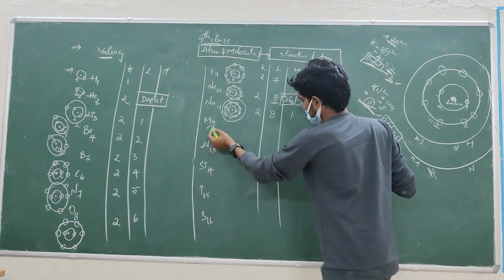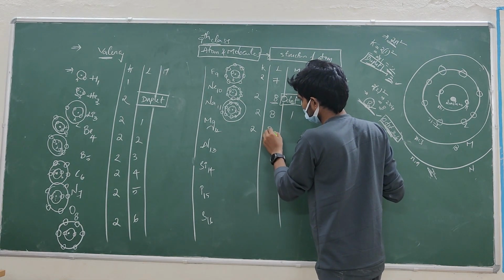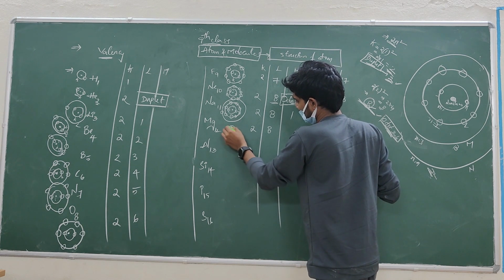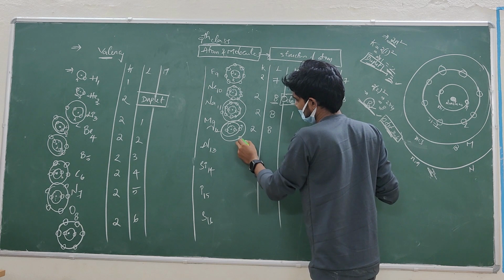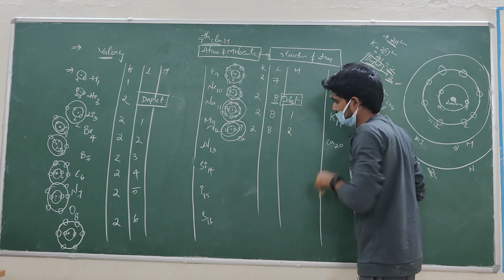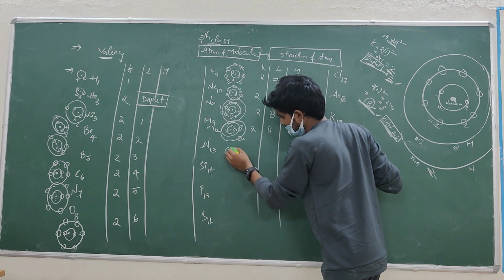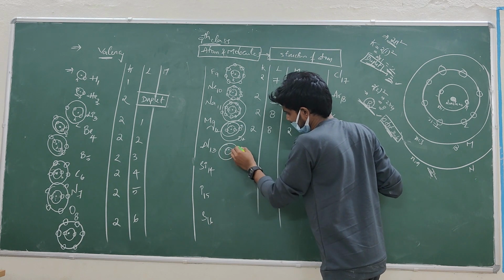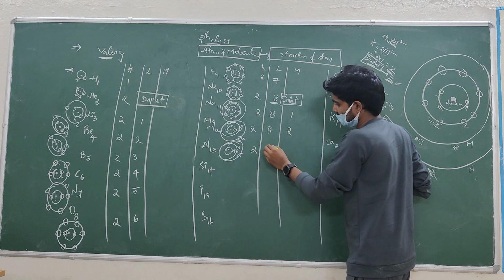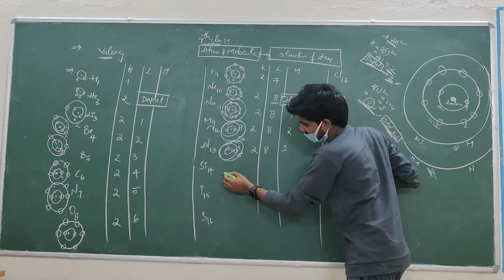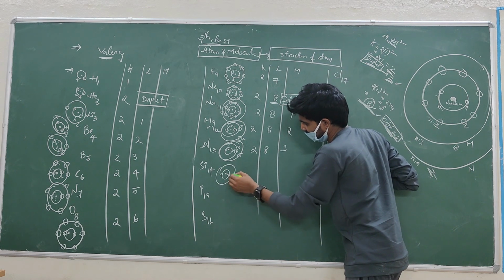Clear? Next, magnesium: 2 electrons here, then 8 electrons, and then 2 electrons here. So 2, 8, 2. Then aluminum: 2 electrons, then 8 electrons, and then 3 electrons, so 2, 8, 3. Silicon is 2, 8, 4.